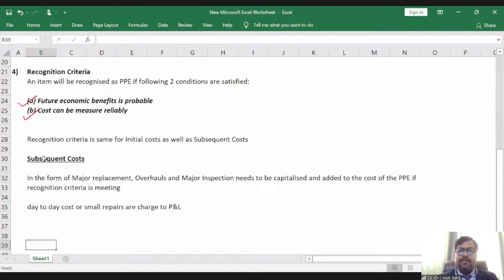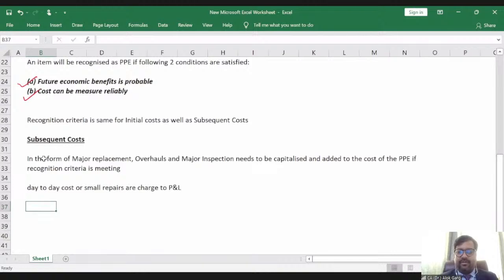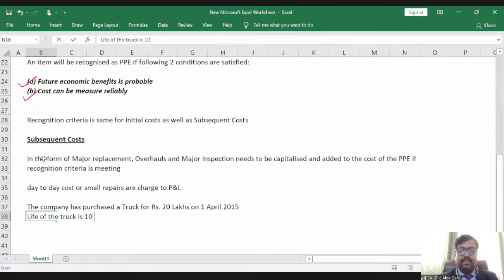Okay. Sir, in your example, for example, the company has purchased a truck for rupees 20 lakhs on 1st April 2015, right? The life of the truck is 10 years.